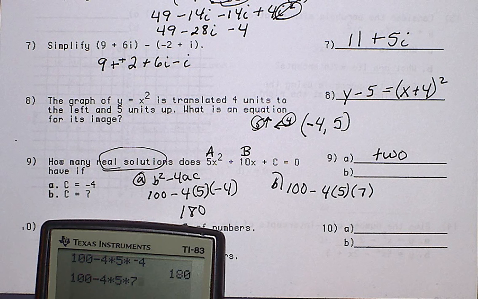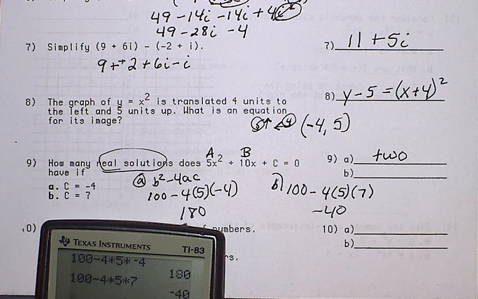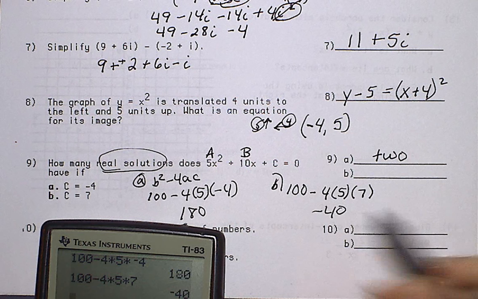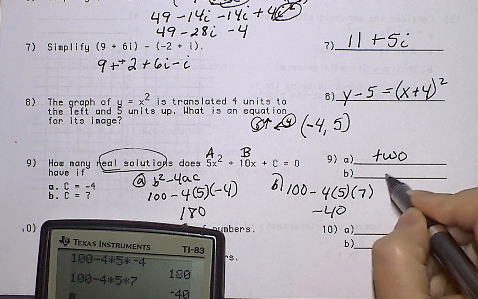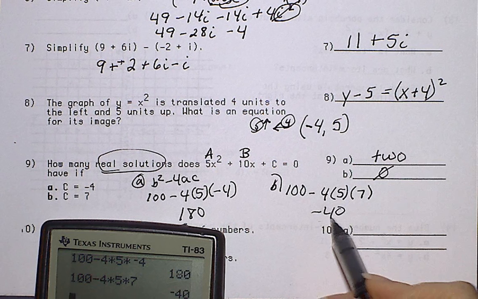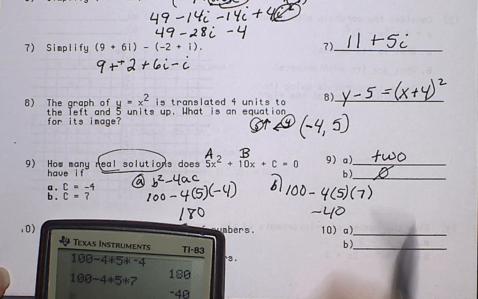So now I get a negative 40. Now what does that tell me? That tells me that I'm going to have 0 real solutions, and then also remember that tells you that you have 0 x-intercepts.